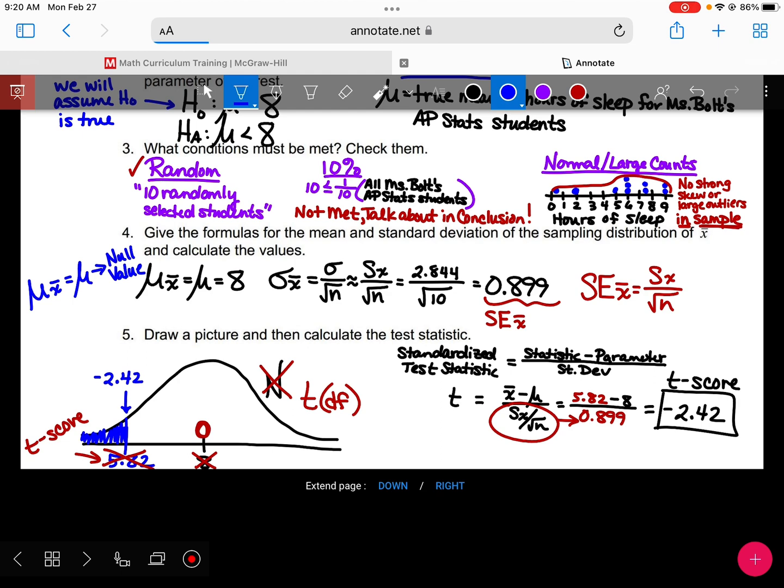When we do our z-table, we can put the null mean and then our mean. But when we have a t distribution, which we have to do, why do we have to do the t distribution here again? Why not z? Because it's a mean. When we're doing means instead of proportions, we need a t table instead of a z table. Why can't we just use the z table?